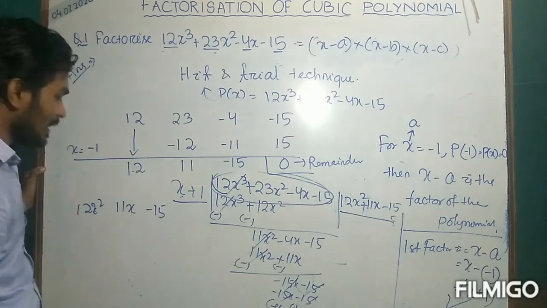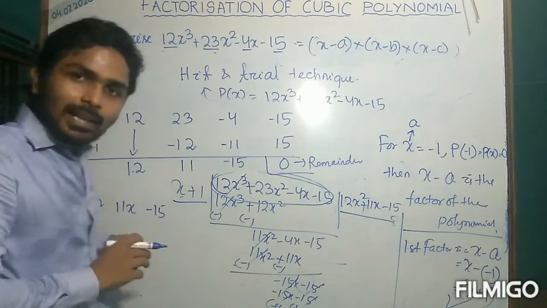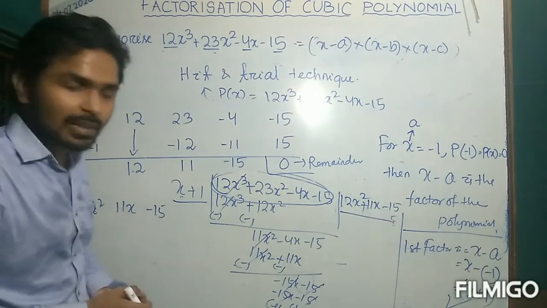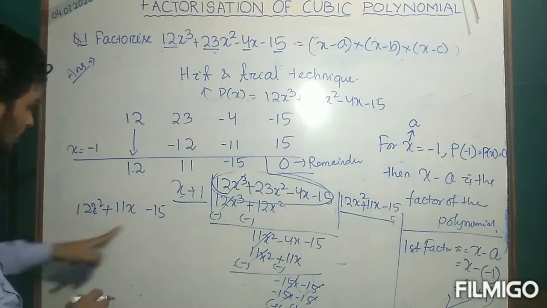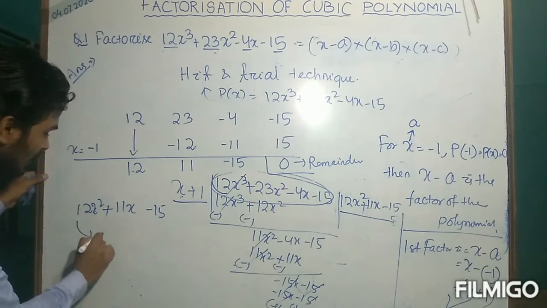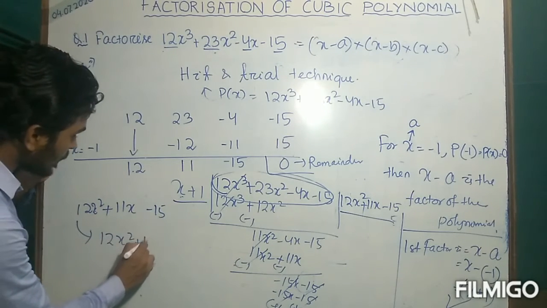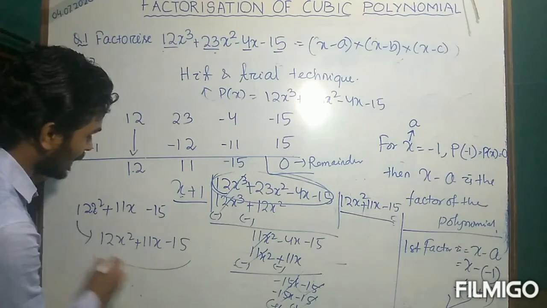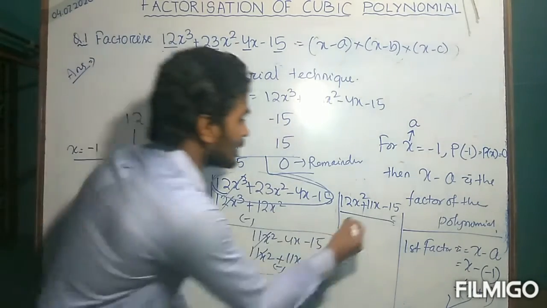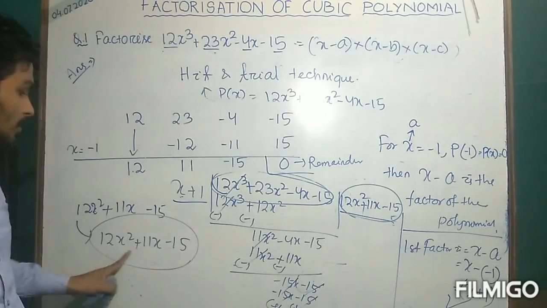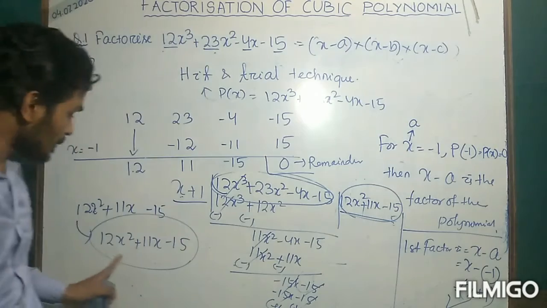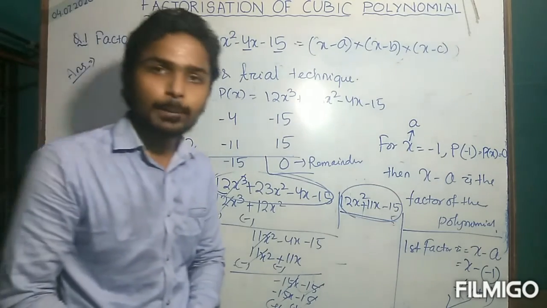Then here x only, in the decreasing order of their degree. And here it is the constant term. So hence we get the quotient 12x square plus 11x minus 15. Here also you get the same result, 12x square plus 11x minus 15.